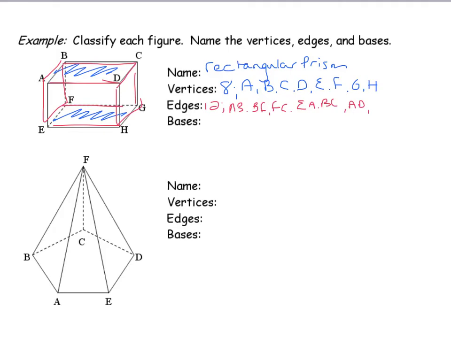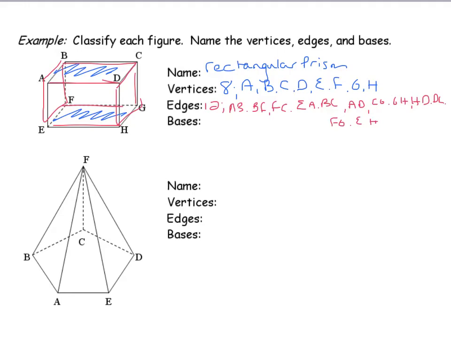Then we can do CG, GH, HD, DC, and then go across the other way. FG and EH. We count 1, 2, 3, 4, 5, 6, 7, 8, 9, 10, 11, 12.